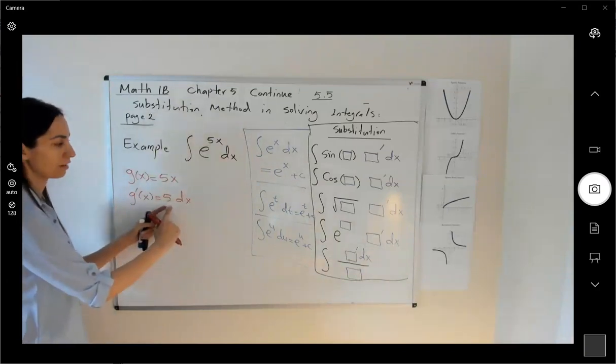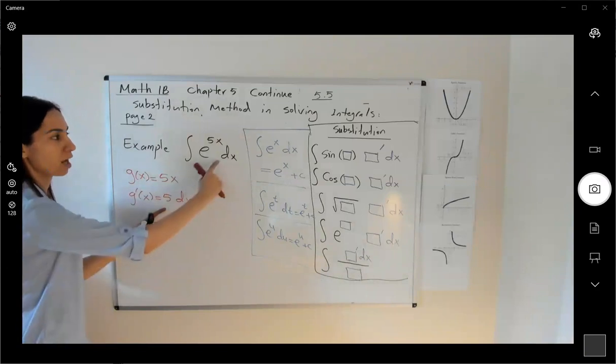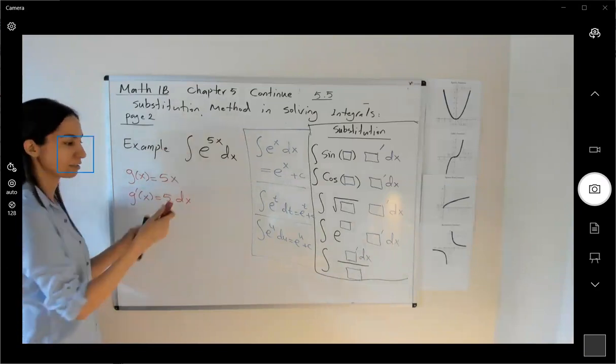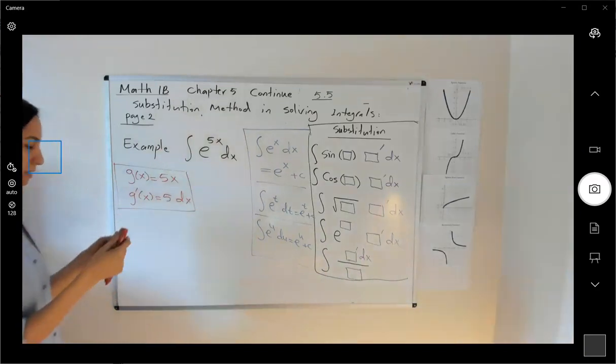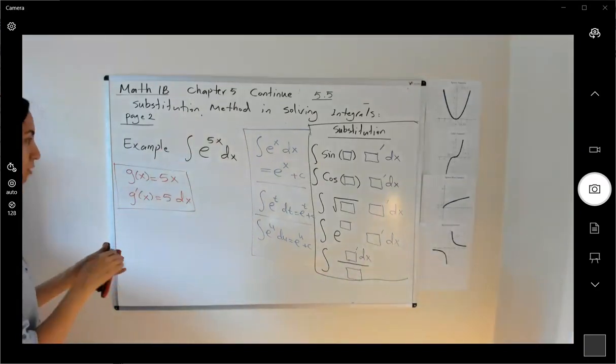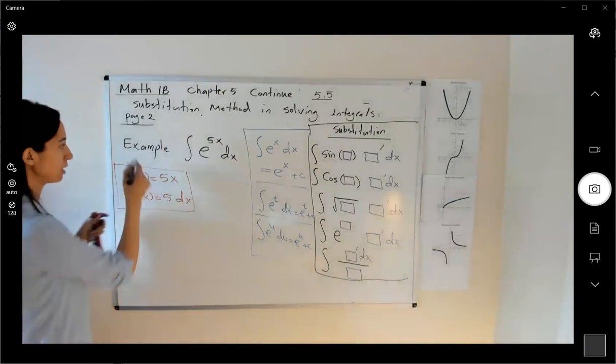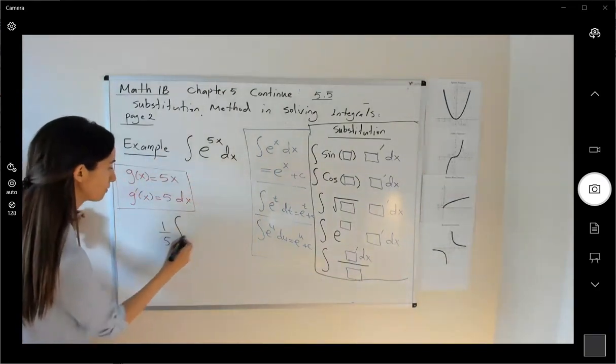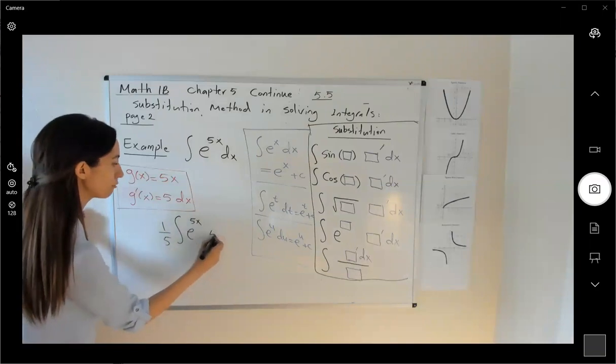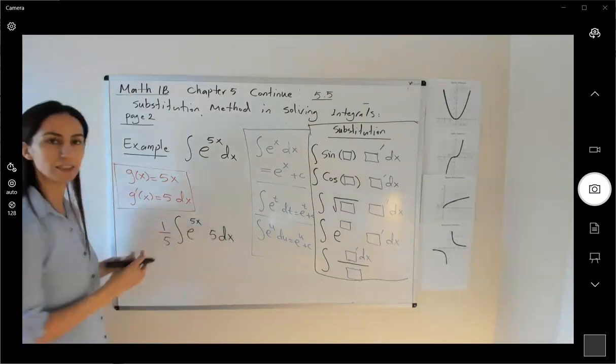Since I don't have 5 next to dx, I can multiply and divide. Then I can apply u sub method. So your integral is now 1 over 5 e to 5x, 5 times dx.